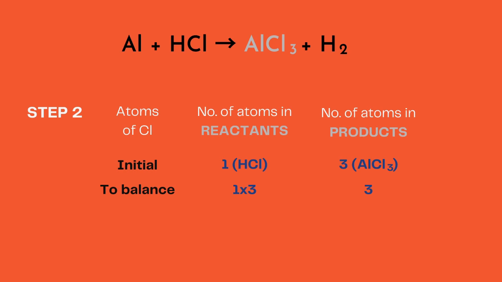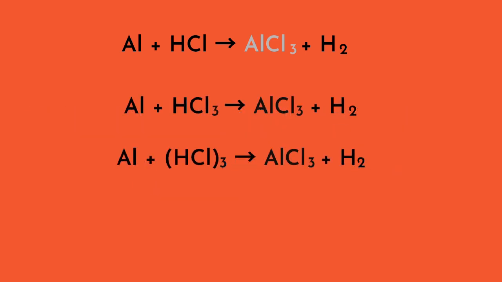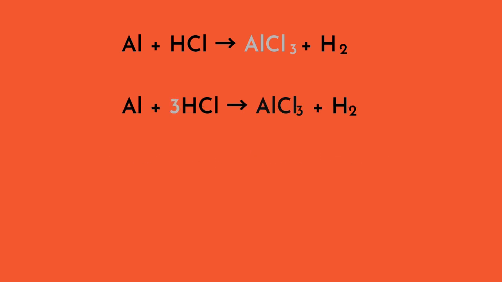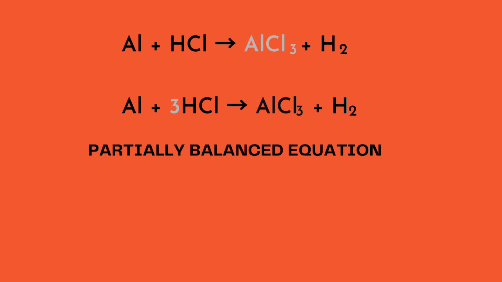We take 1 into 3 on the left side to get 3. Note that we can't write it as Al plus HCl3 or as HCl the whole 3. We add a 3 on the left of HCl. This equation is known as a partially balanced equation, because only Cl has been balanced as of now and the other atoms haven't been balanced yet.